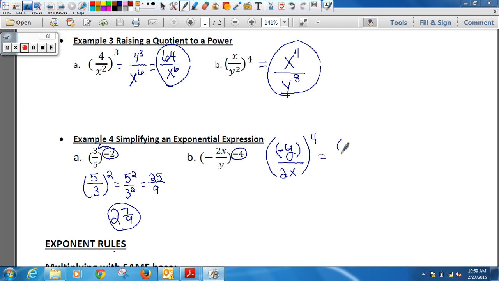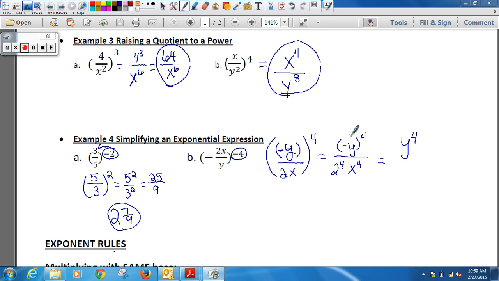So now I have negative y to the 4th power over 2 to the 4th x to the 4th. Negative y times negative y times negative y times negative y. 4 negatives multiplied together give you a positive. So I'm going to have a positive y to the 4th.